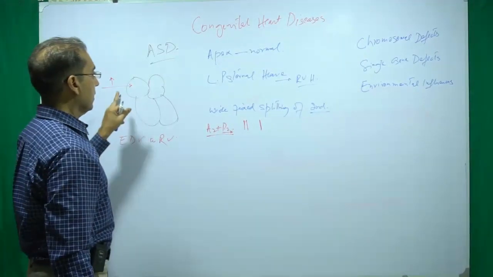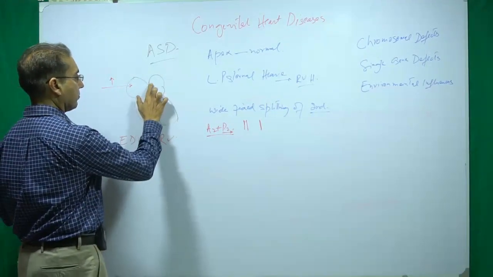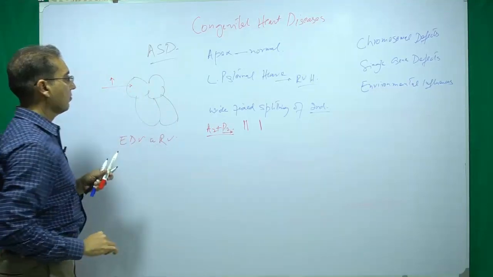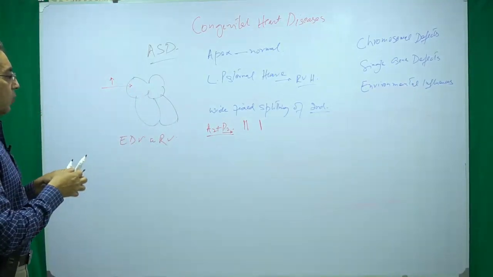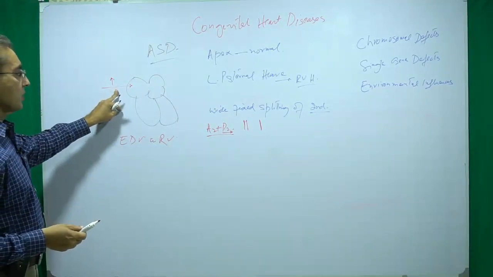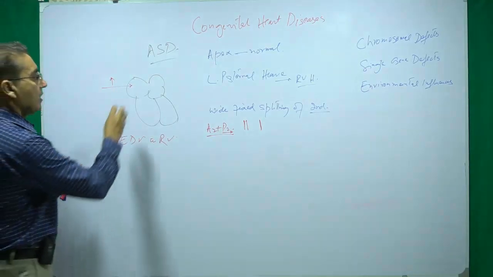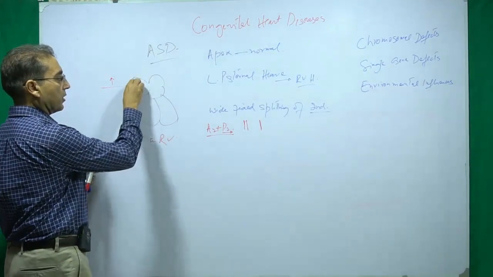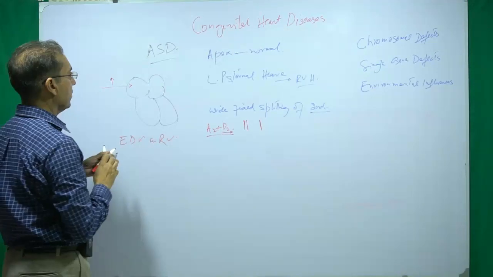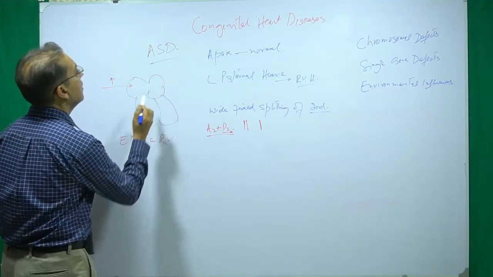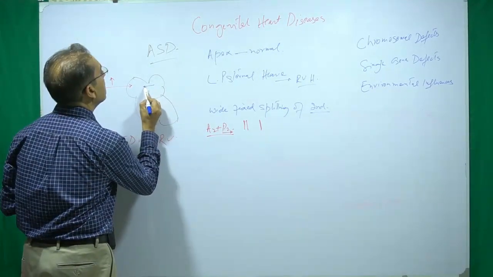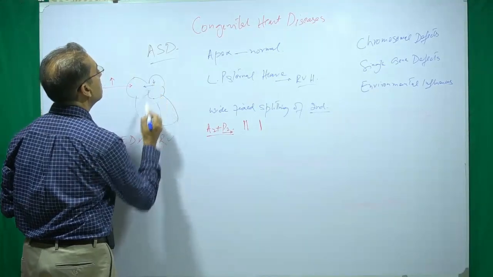What happens in ASD? During inspiration, the venous return increases. The pressure in the right atrium increases. This right atrial pressure would result in decreasing the shunt.